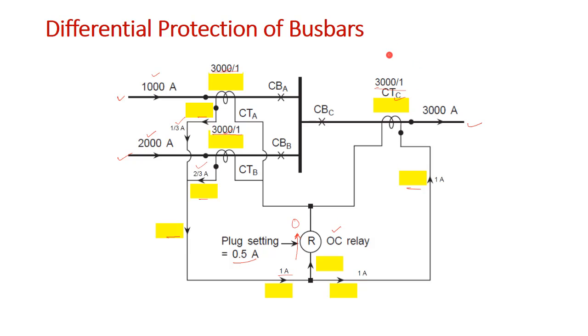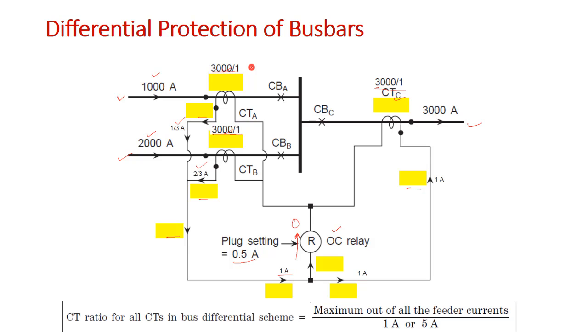So what is the conclusion? The conclusion is that the CT ratio should be chosen in such a way that it matches the maximum current carrying feeder or maximum current carrying line, right.